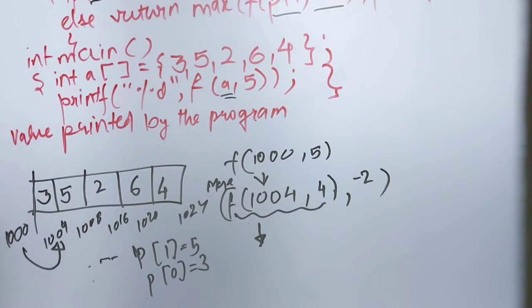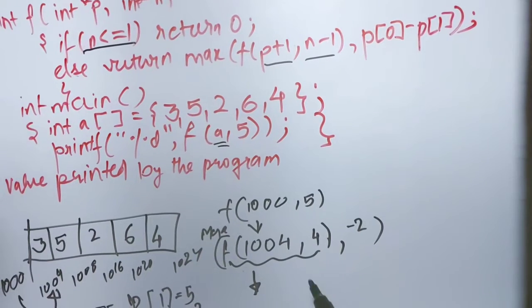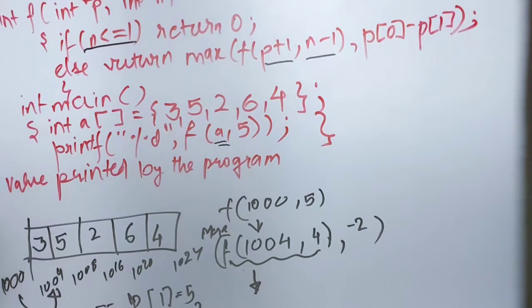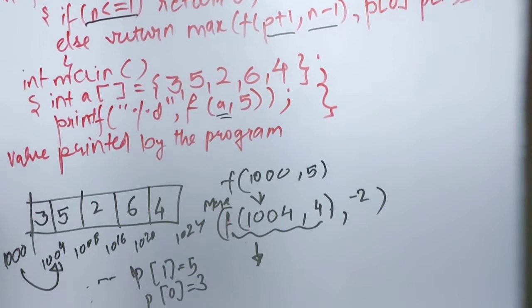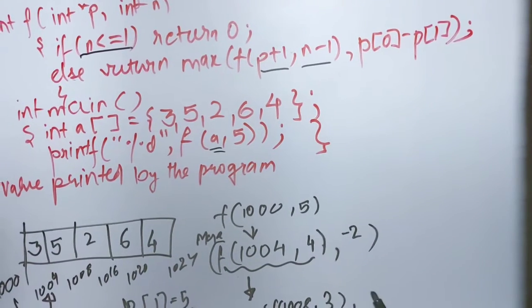So it goes again, and the if condition evaluates to false because n is greater than 1. So it goes to else, which is p plus 1, and 1004 now points to 1008. So max of f of 1008 comma n minus 1, which is 3. But the point to be noted here is that we have shifted the array. So now p of 0 minus p of 1 is not of the original array.